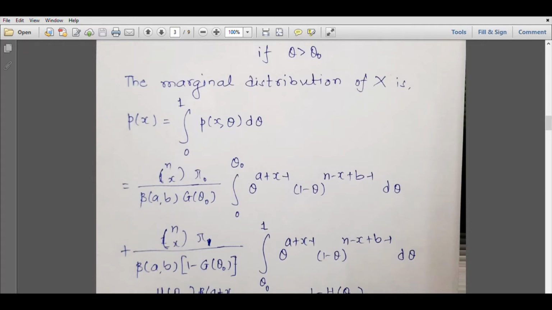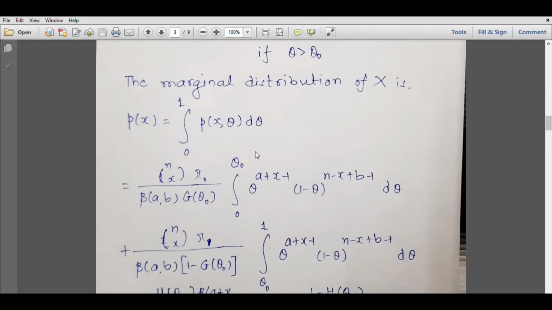Now notice that this integrand can be adjusted as a beta(a plus x, n minus x plus b) PDF. To do so, we will have to multiply and divide the first and the second term by the beta function computed at the points a plus x and n minus x plus b. So let us do that and see what we get.